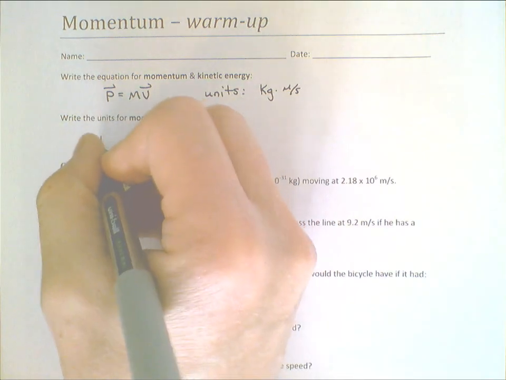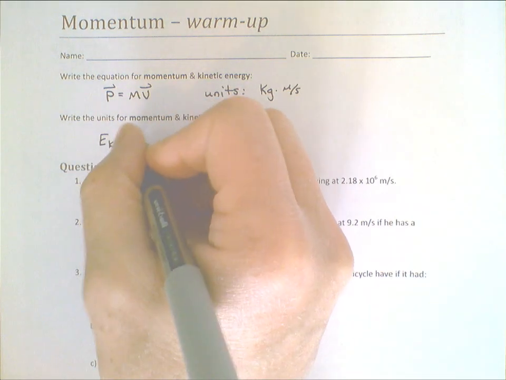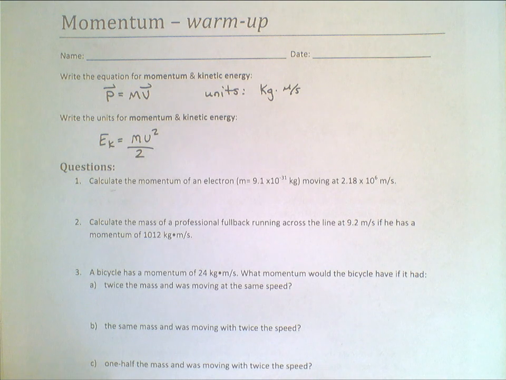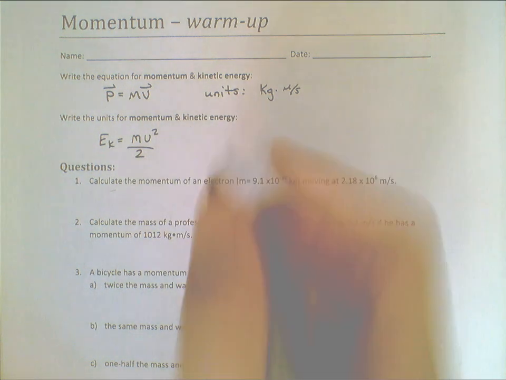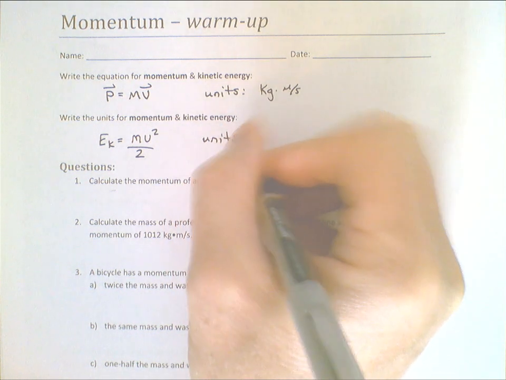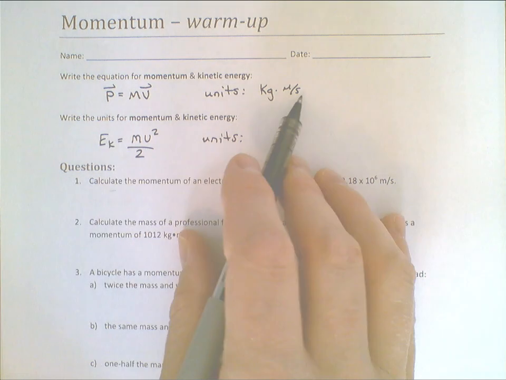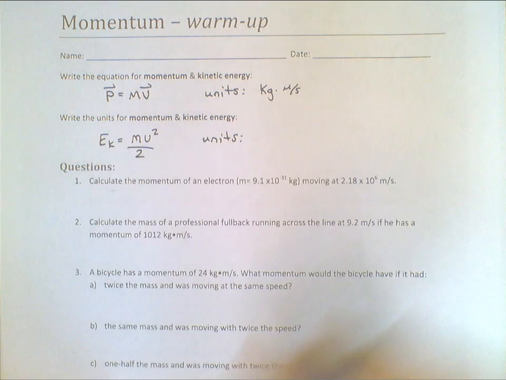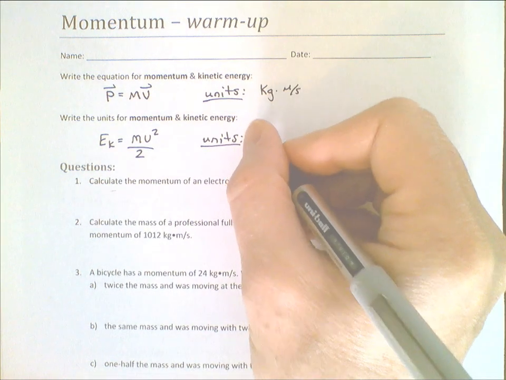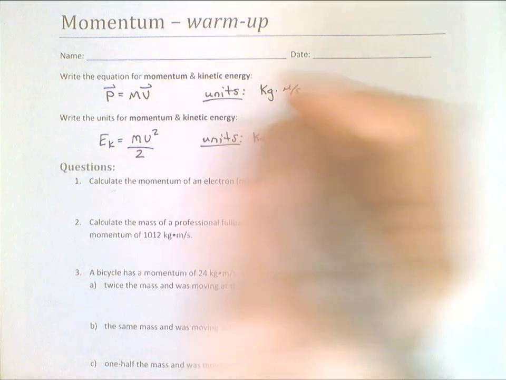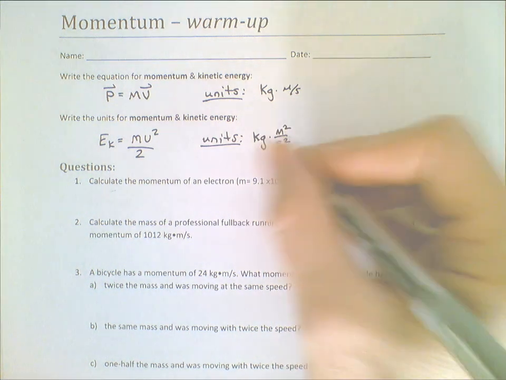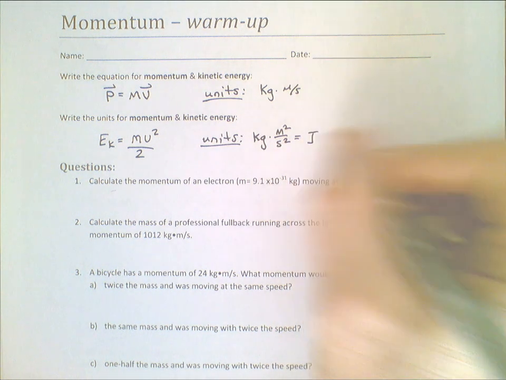And down here, this is scalar. There's no vector signs on this because energy is scalar. So the units for kinetic energy, I wrote it this way, that's fine. Okay, and the units are a kilogram, and speed squared is meter squared over second squared, and we call that a joule.